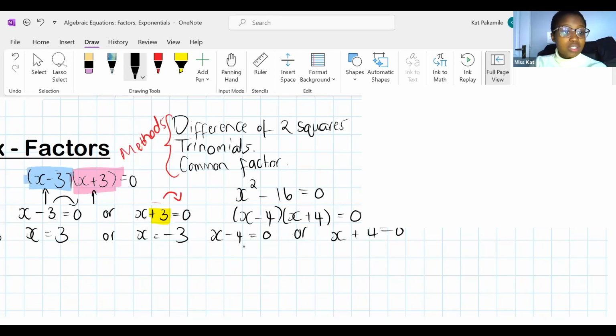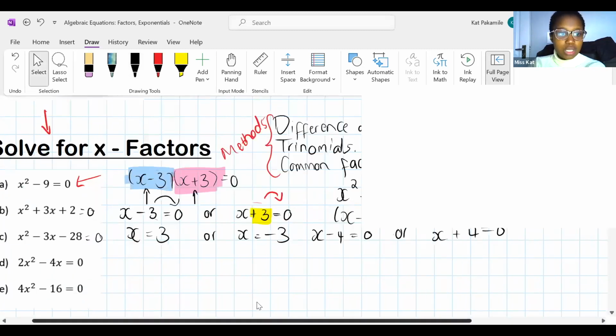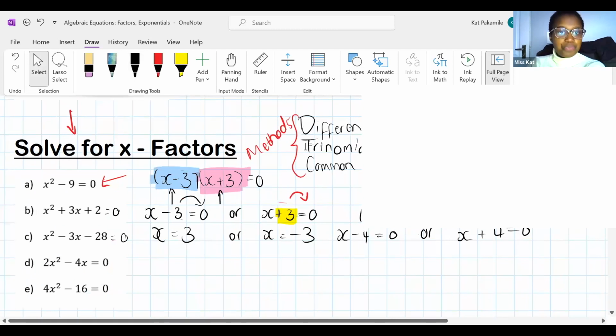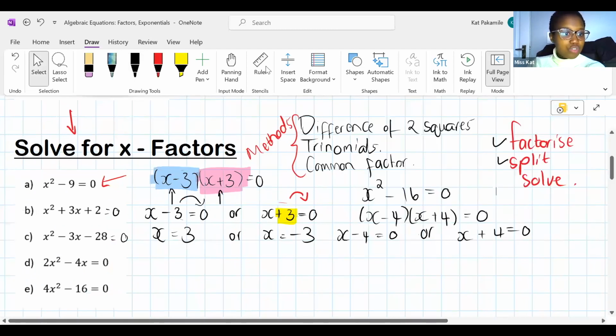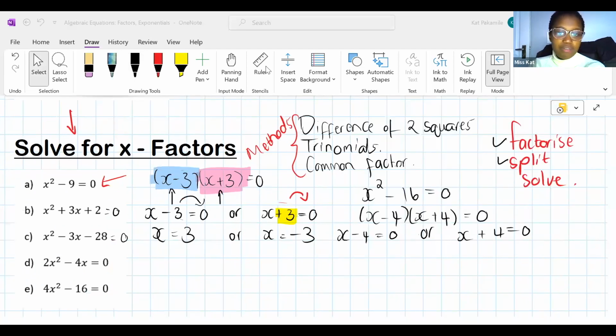So what are the two values for x? X is equal to what, or x is equal to what? Let me know. Unfortunately, if I zoom in, there are some things you won't be able to see, my darling. Tell me the two values for x. If x minus 4 equals 0, or x plus 4 equals 0, there you go. Someone has direct messaged me the first one.